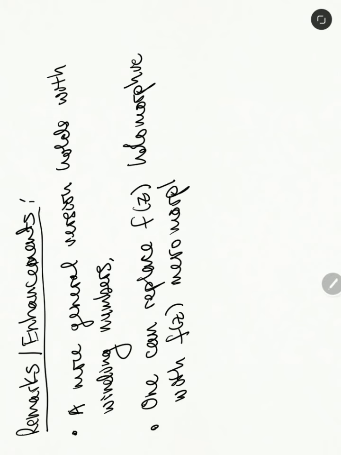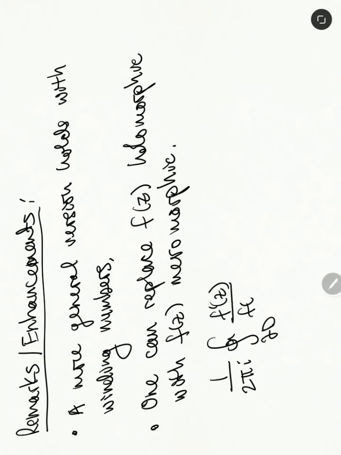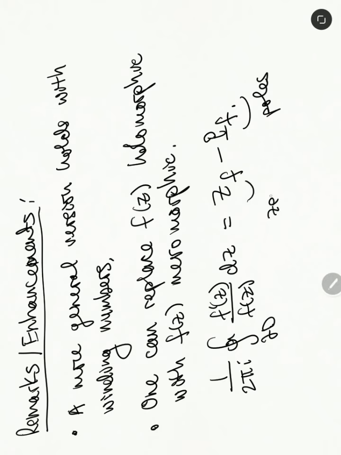And in this case, we get that 1 over 2 pi i times the integral here, dt, is the zeros of f minus the poles of f. Okay? So these are poles, and these are zeros. This is an interesting formula here.